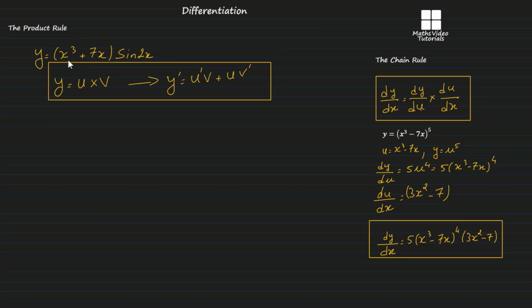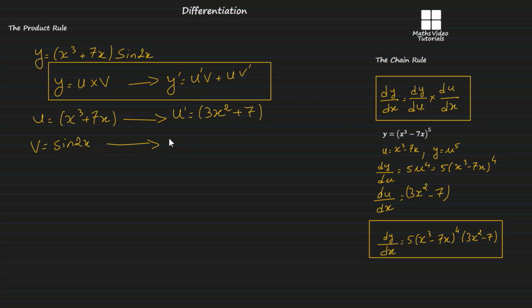As you can see, this is a product of two functions. So if I call u the first function, x to the power 3 plus 7x, and I call v sine 2x, if I differentiate u, I will get 3x squared plus 7.